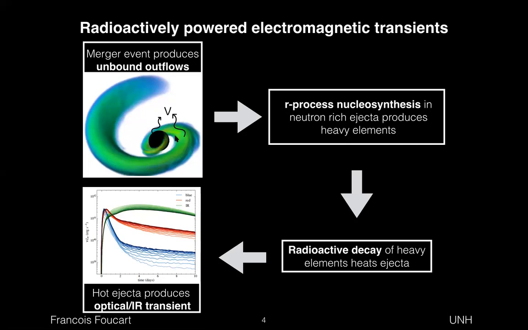And we would like to understand how much mergers contribute to r-process nucleosynthesis and exactly what type of elements they produce. And it turns out that the outcome of nucleosynthesis is very dependent on the composition of the outflows produced in these mergers, and subdominantly on the temperature of these outflows.